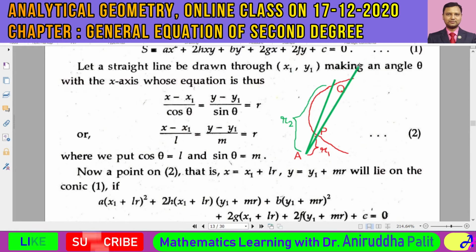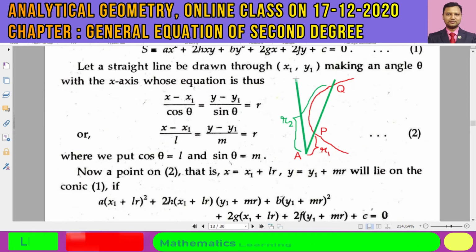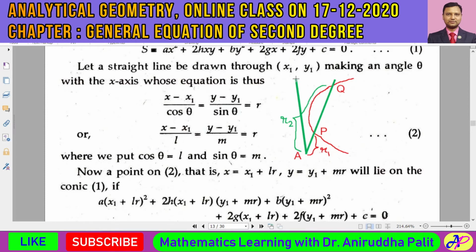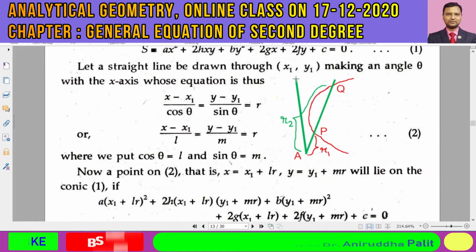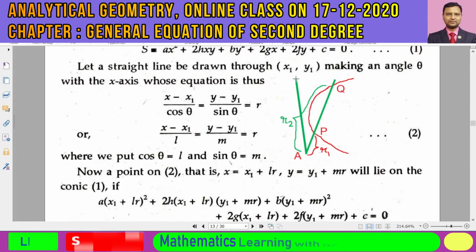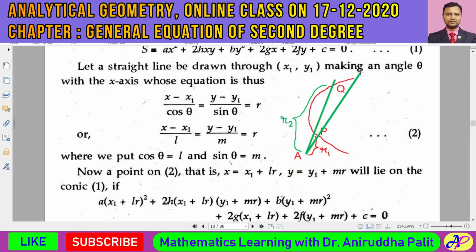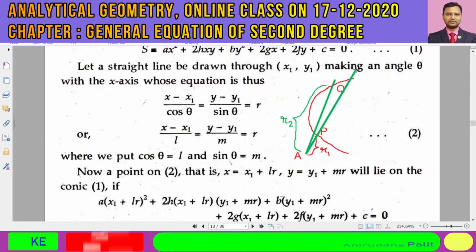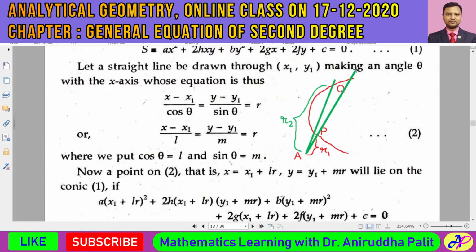If the line intersects the curve, then R1 and R2 must be real. But if this straight line does not intersect the curve, then R1 and R2 would be imaginary. So imaginary R1 and R2 would imply that the straight line is not intersecting the curve, and if R1 and R2 are real, then the straight line would intersect in real points.